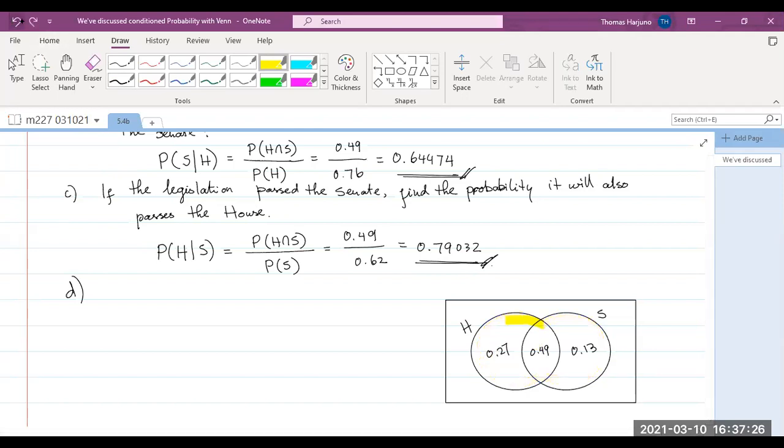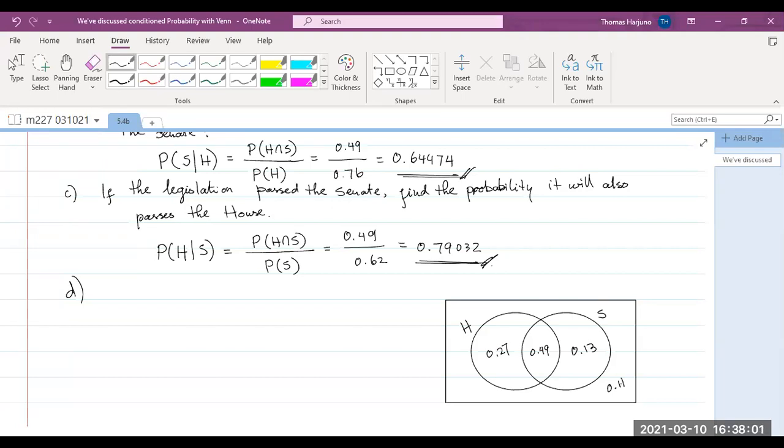Therefore, the probability of not passing either one of them is 0.11. I tried to summarize what we had earlier. So this Venn diagram does not represent the number of elements anymore. It represents the probability of events.